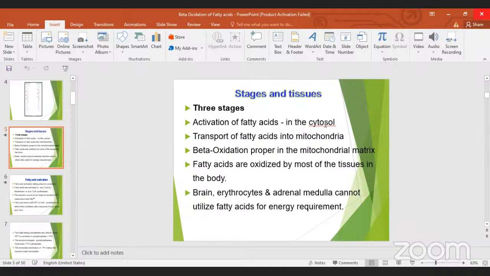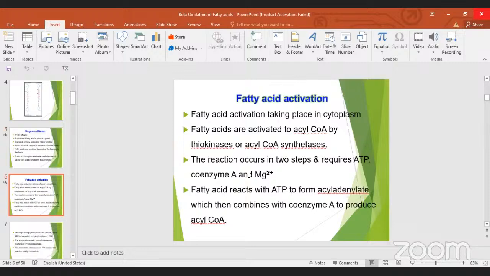Erythrocytes are present in the blood cells. These erythrocytes and adrenal medulla cannot utilize fatty acids for energy requirement.